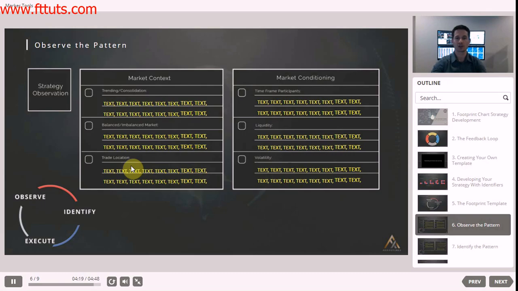Ultimately, that's going to lead to you recognizing when there are higher probability conditions and when there are lower probability conditions in play. On the next slide, we're going to identify some of the identifiers you need to recognize to show you that your trade strategy is in play.